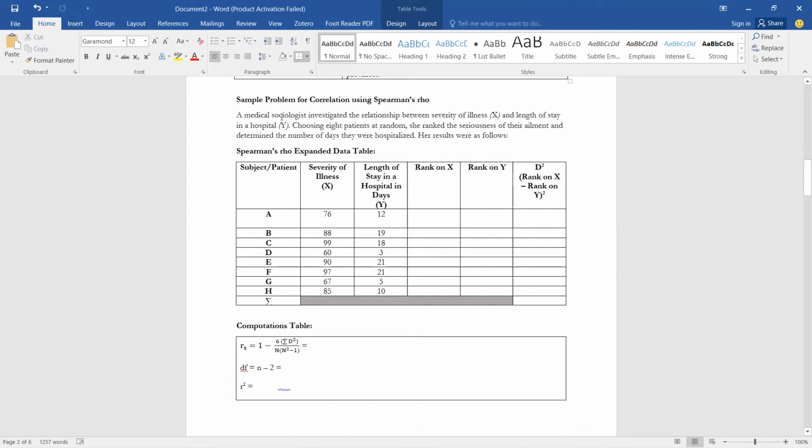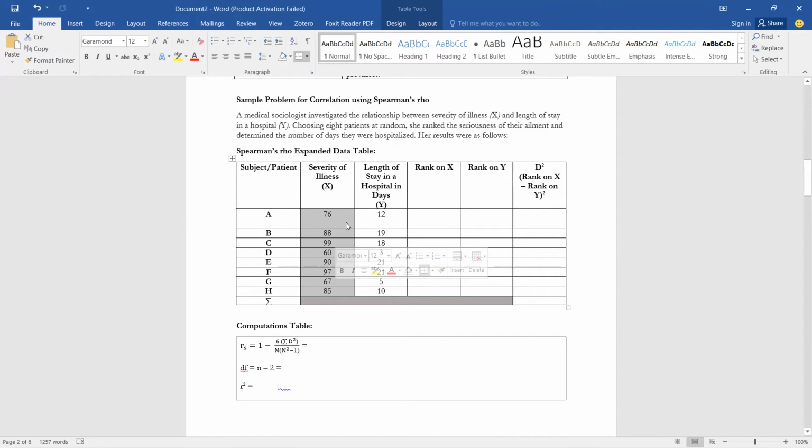So here it is about a medical sociologist who wanted to find out the relationship between severity of illness and the length of stay in the hospital, which is measured in days. I sort of invented these scores.